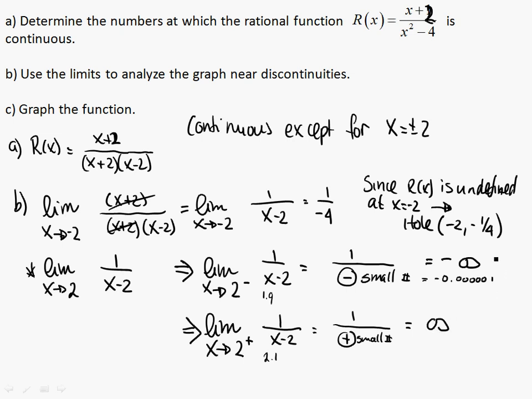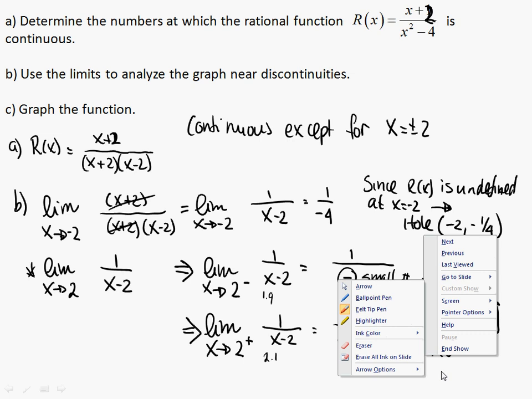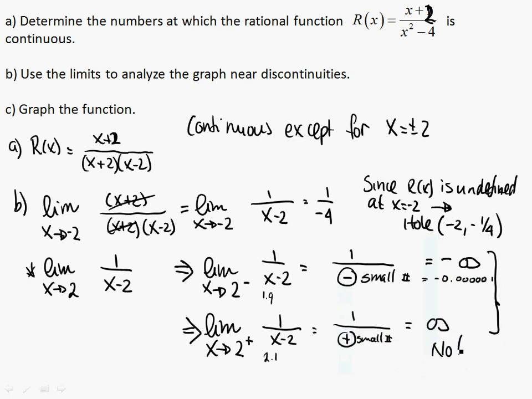Positive infinity. Do you notice that the left limit and the right limit do not match? So the limit does not exist. You know what? I'm going to say no limit. It's shorter.